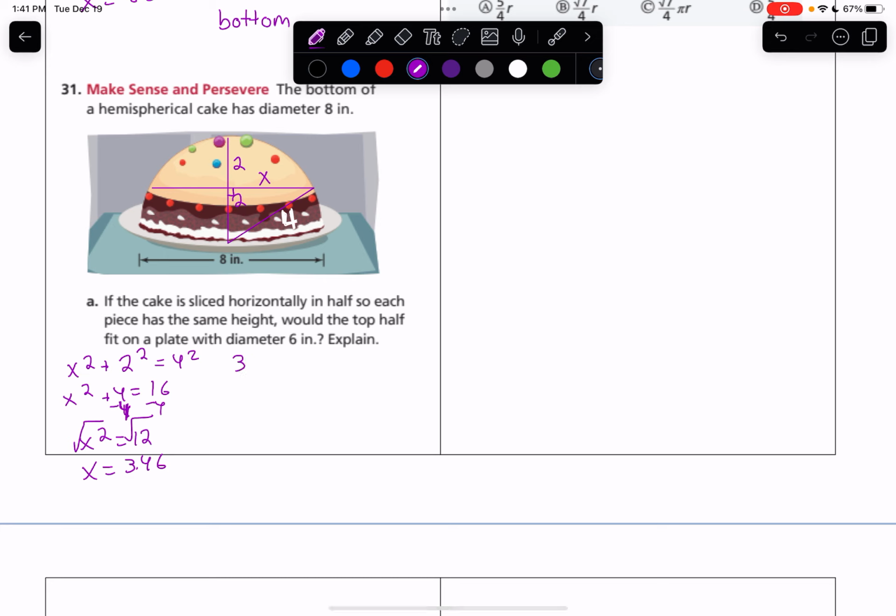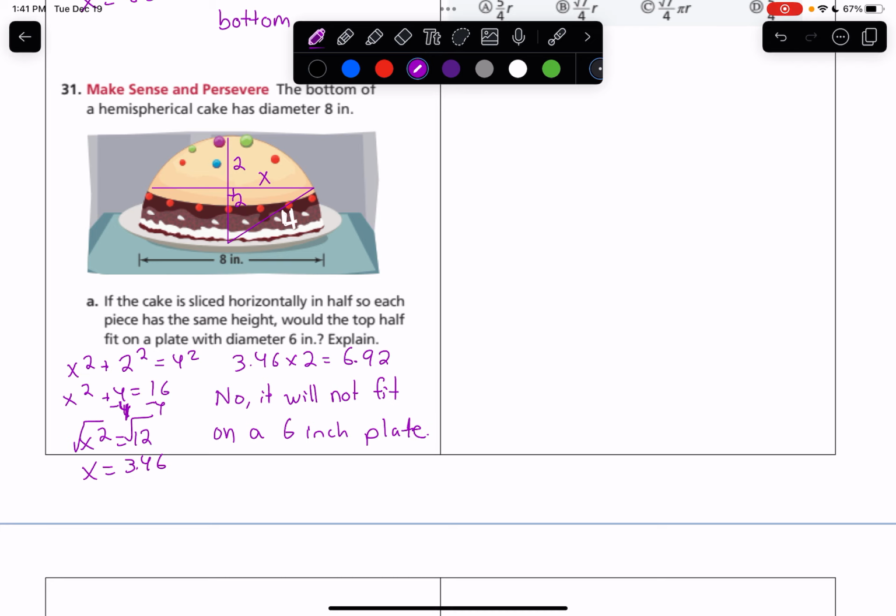So 3.46 times 2 equals 6.92. Will it fit on a plate with a diameter of 6 inches? Since that top piece of cake has a diameter of 6.92, it will not fit. Will not fit on a 6-inch diameter plate. It's too big.